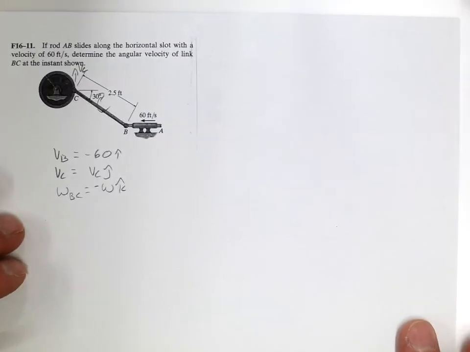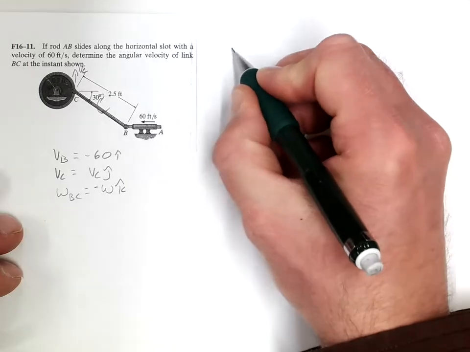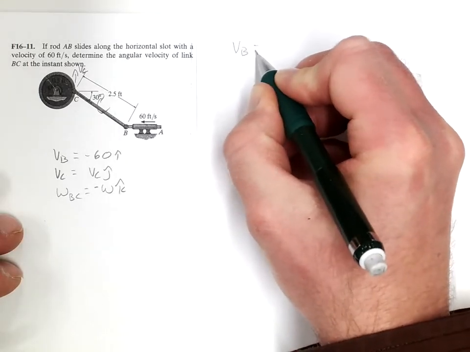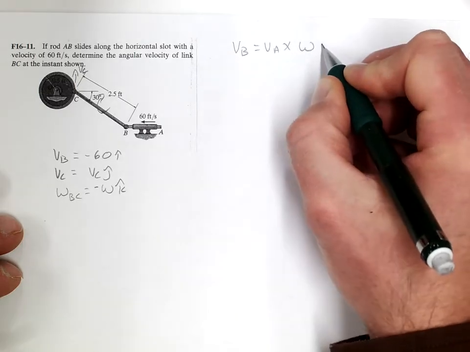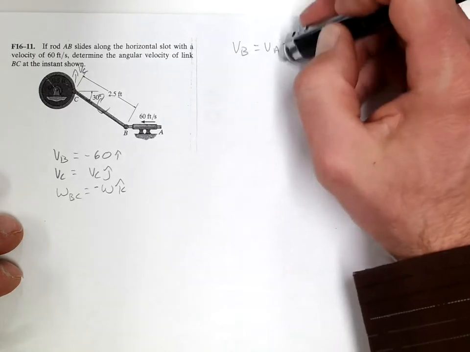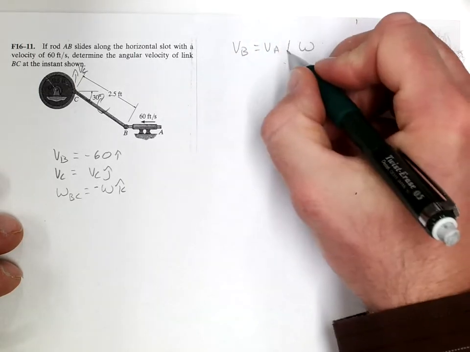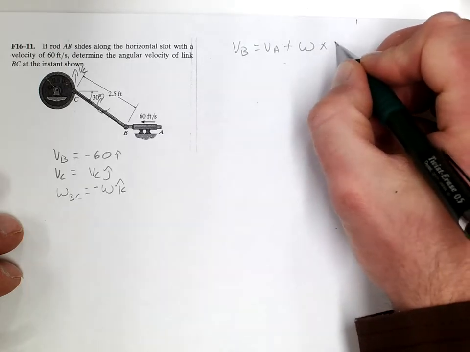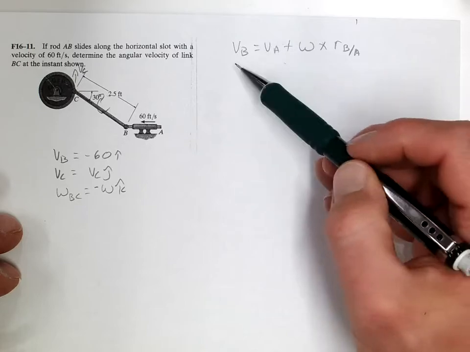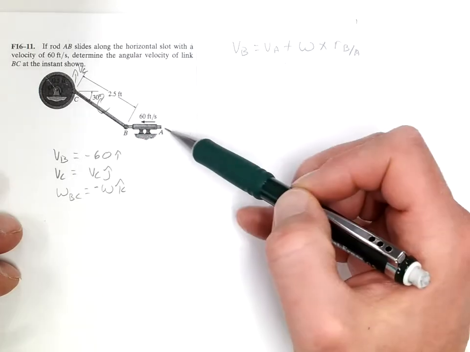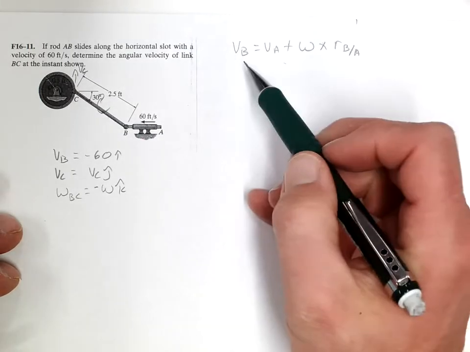Alright, now, we'll start with the equation VB equals VA plus omega cross RB over A. Now, instead of B and A, we have B and C. A doesn't matter. So let's change this equation.